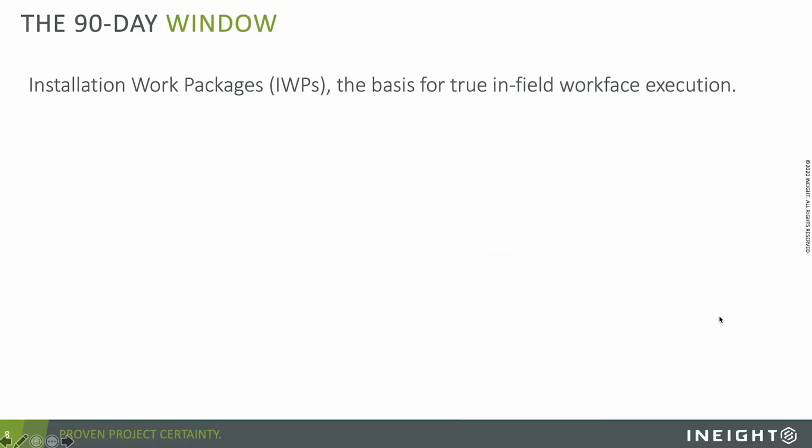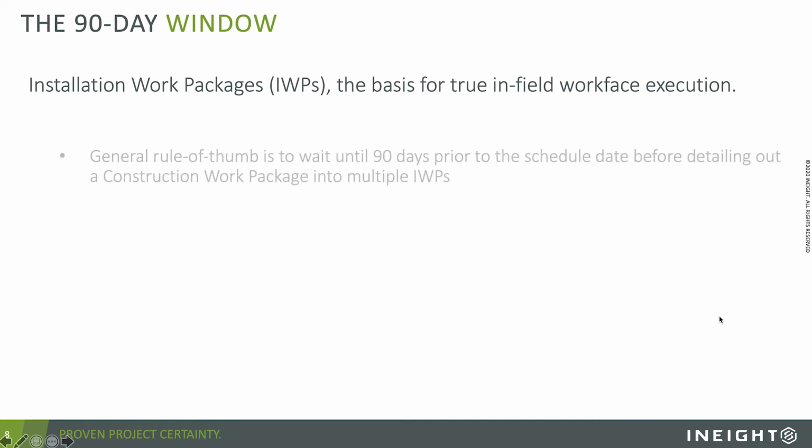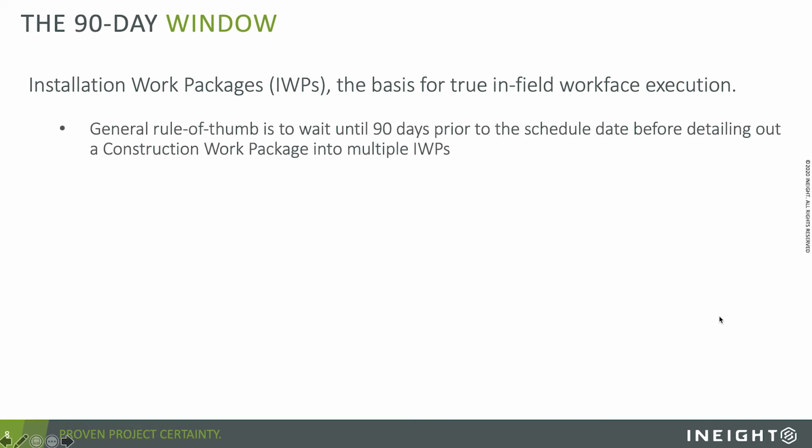And that happens by taking those construction work packages that you've developed at a high level and breaking them down into IWPs, installation work packages, for the true in-field work phase plan. These IWPs are built 90 days prior to the scheduled date for that operation.